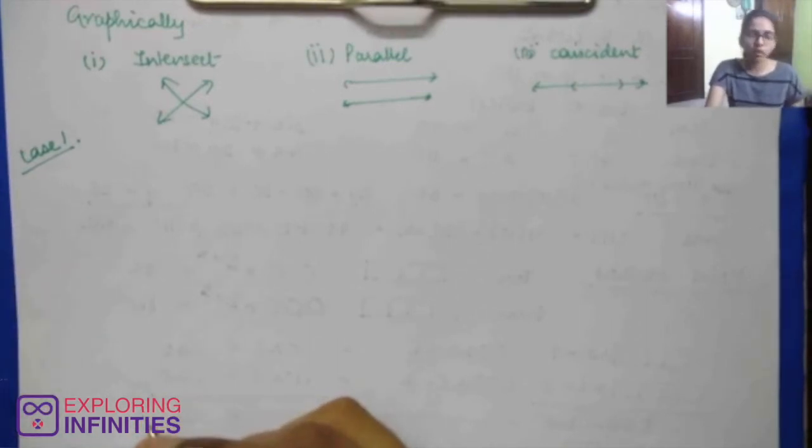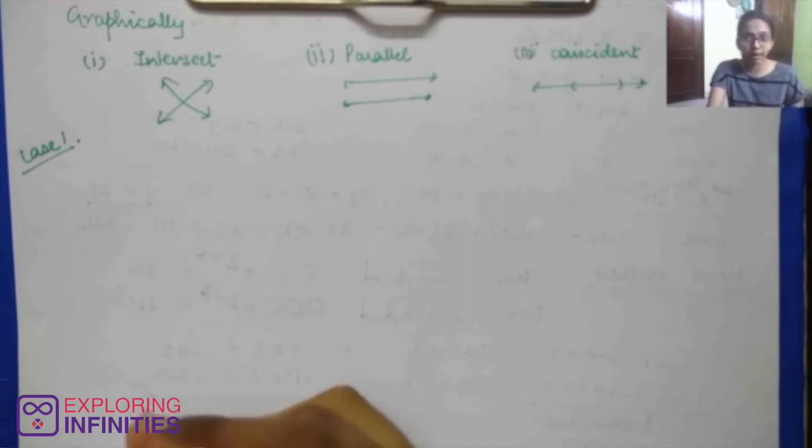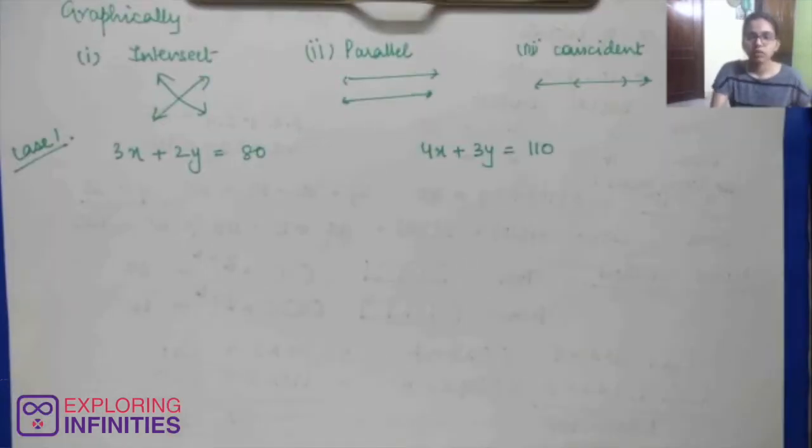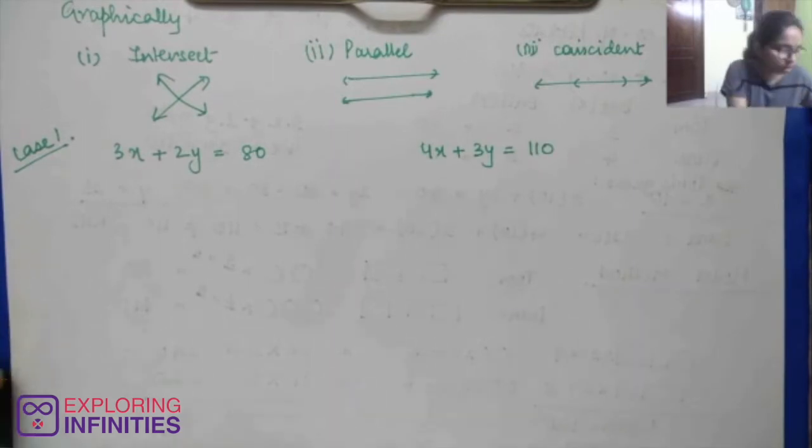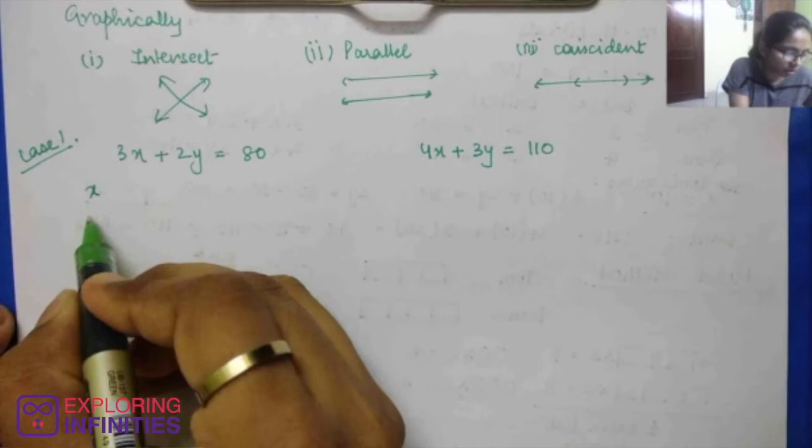Let's see what we get when we plot them on our graph. The first step to plot a pair of linear equations, or any linear equation for that matter, is to make a table.